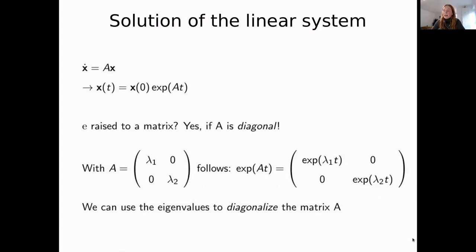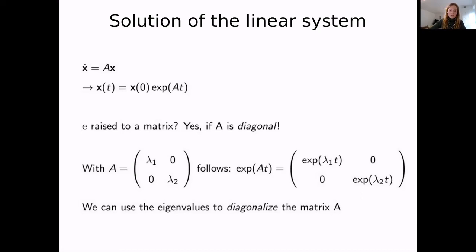And I call them lambdas because it turns out that when I know the eigenvectors, I can diagonalize my matrix by putting the eigenvalues on this diagonal line. And there are some limits to this.